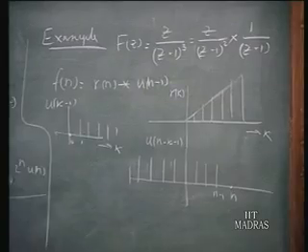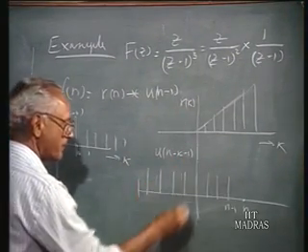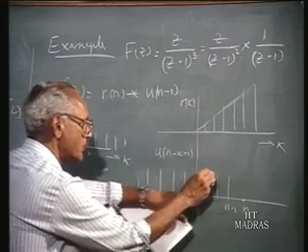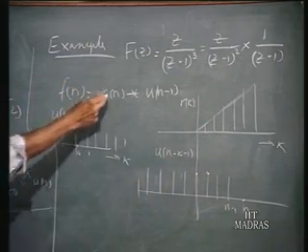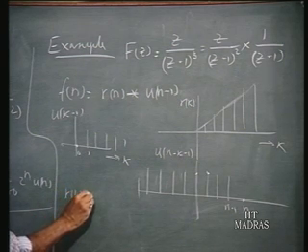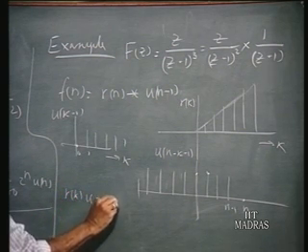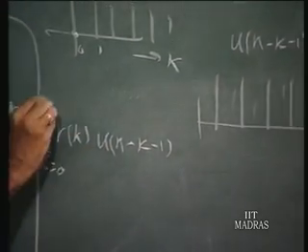So what you are now doing is you are multiplying this out for different values of n and summing them up. That means you multiply this sample with this value, multiply this sample with this value, and so on. Therefore, whatever you are having here is equal to the summation of r of k times u of n minus k minus 1, with k from 0 to n.